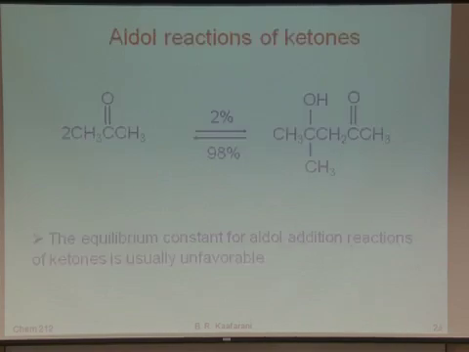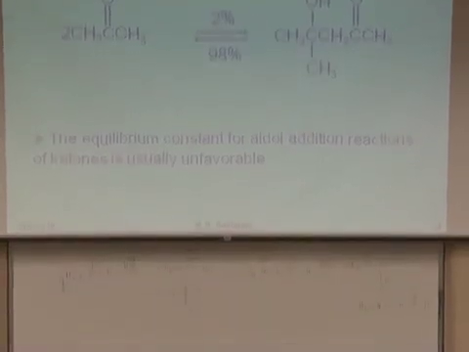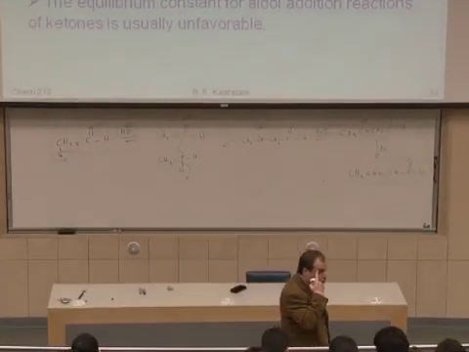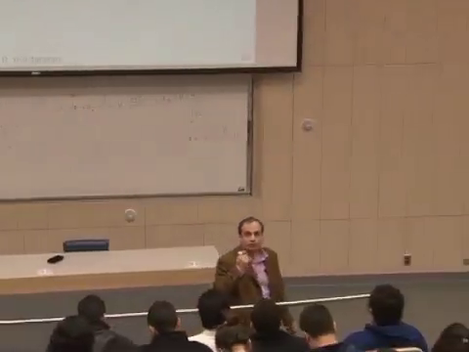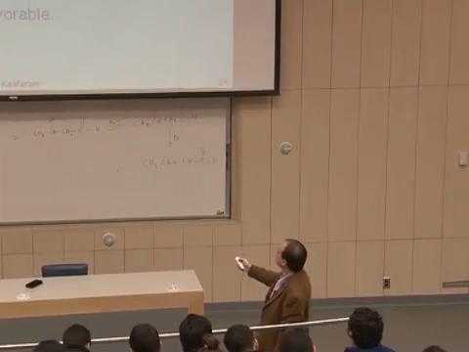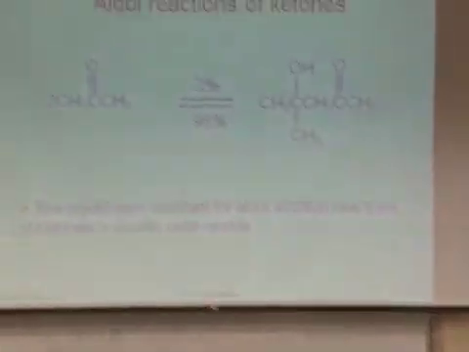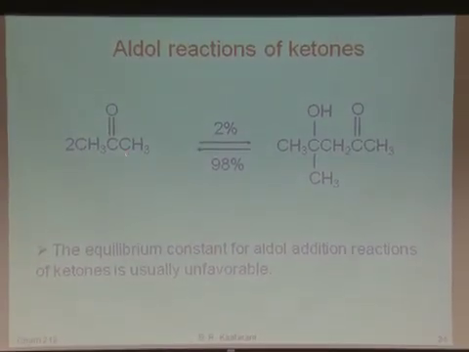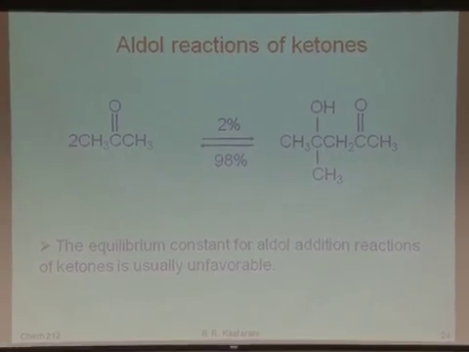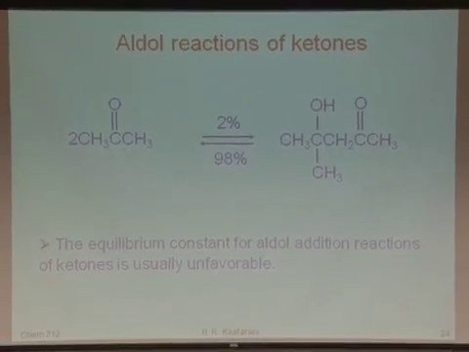Now, what about ketones? The problem with ketones is that if you just add sodium hydroxide, you have in this equilibrium 2% leading to the aldol product, while 98% are still at the keto, which means you only have very small quantities of the aldol product. That's why sodium hydroxide will not be a good choice to form the enolate of a ketone.